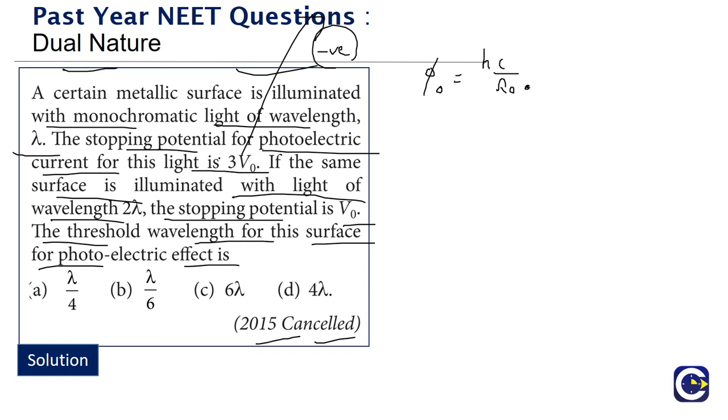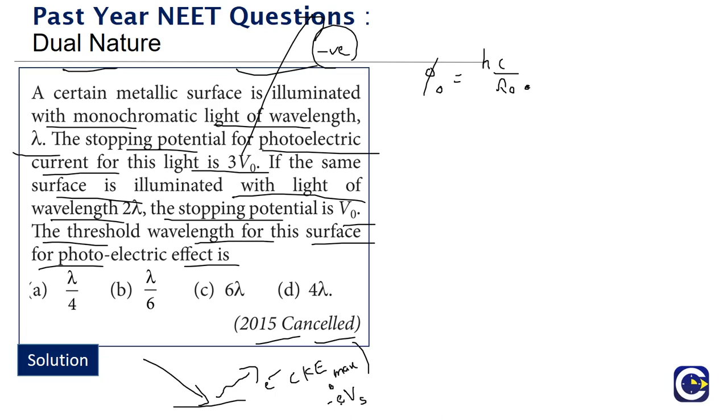So now let's come back to the question. Again we will have to use Einstein's equation. The incident radiation energy is used, and the electrons will get emitted. As per the equation we will be able to know the Ke max. Ke max will be equal to minus e into the stopping potential.